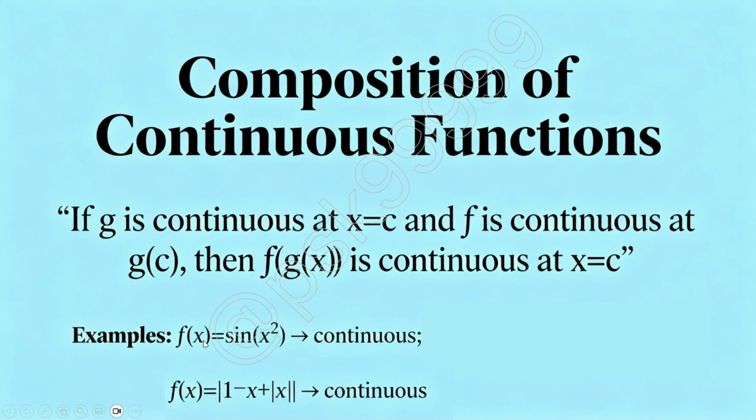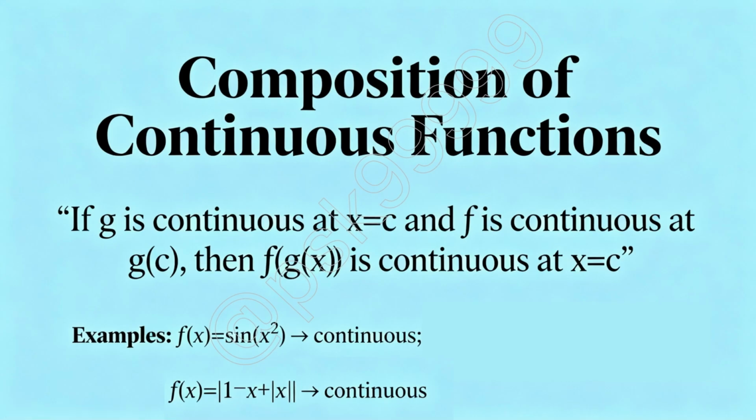Example, let's say f of x equal to sine of x square. I will take g of x as x square and f of x as sine x. So f of g of x will become nothing but sine of x square, and this is also continuous because individually x square is continuous and sine of theta is also continuous.